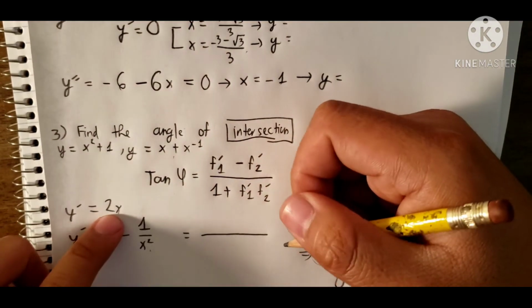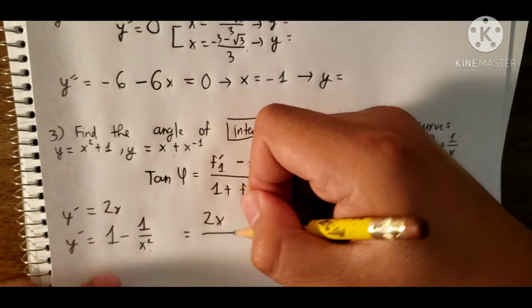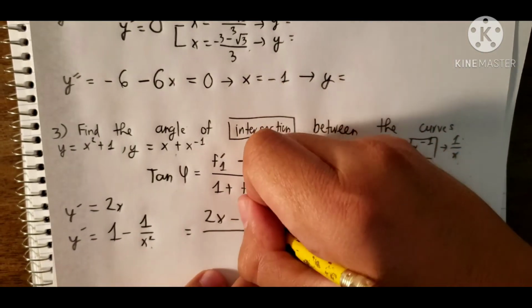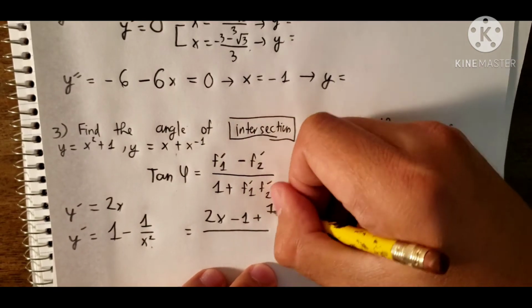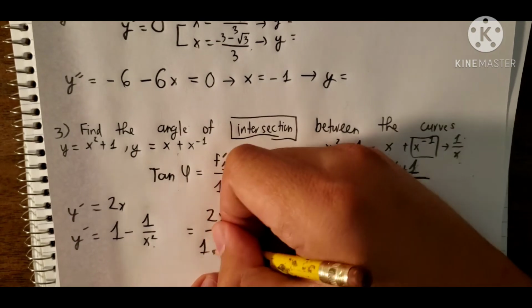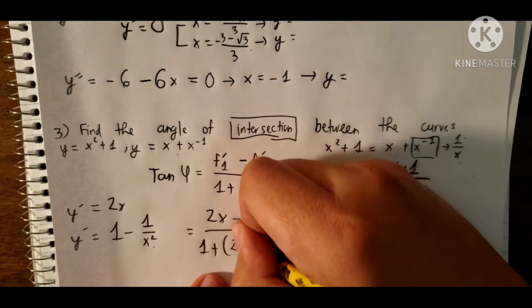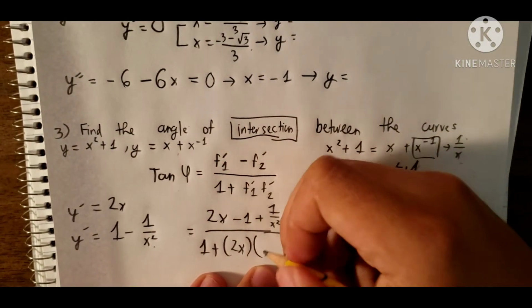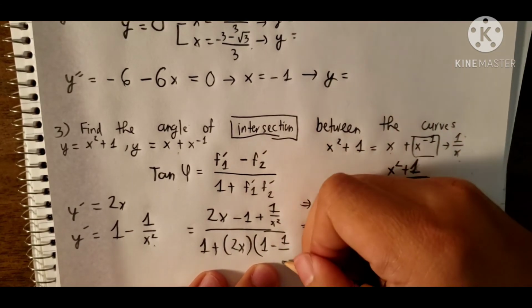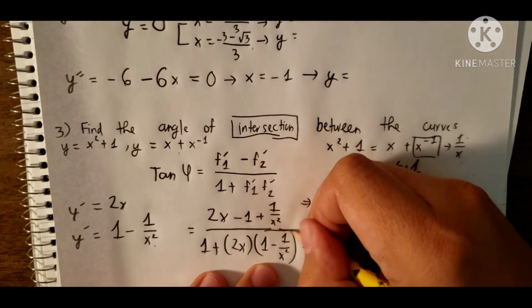We have the first one, 2s minus 2. This second equation is minus 1 plus 1 over 2s^2. And here we have 1 plus 2s multiplied with 1 minus 1 over 2s^2.